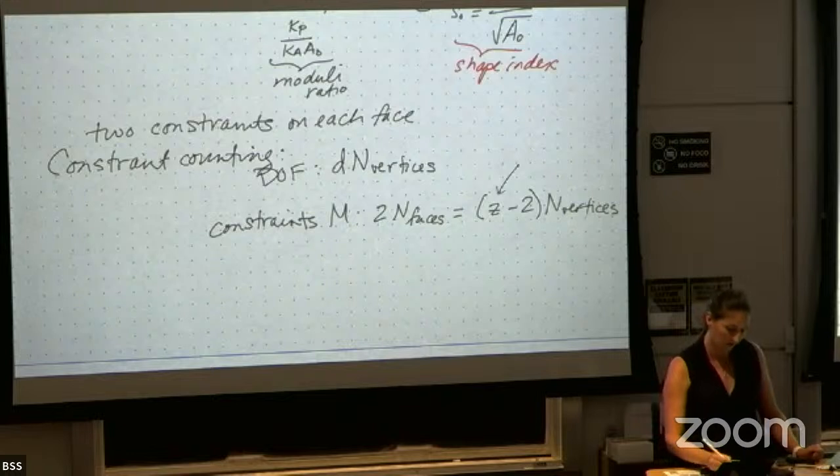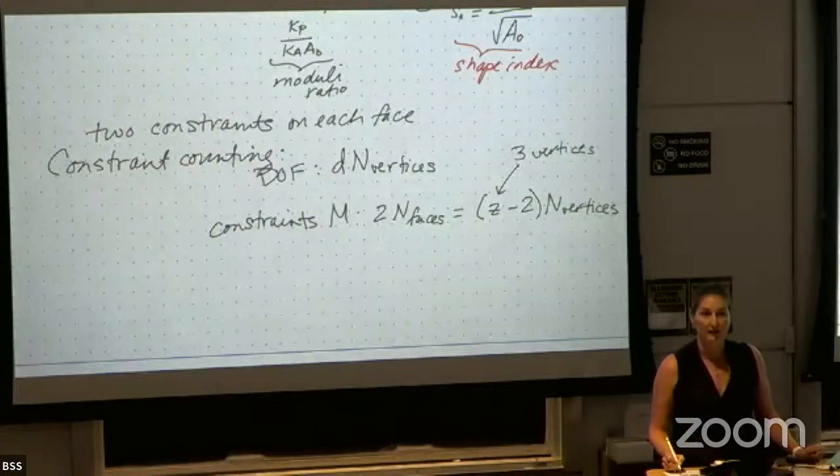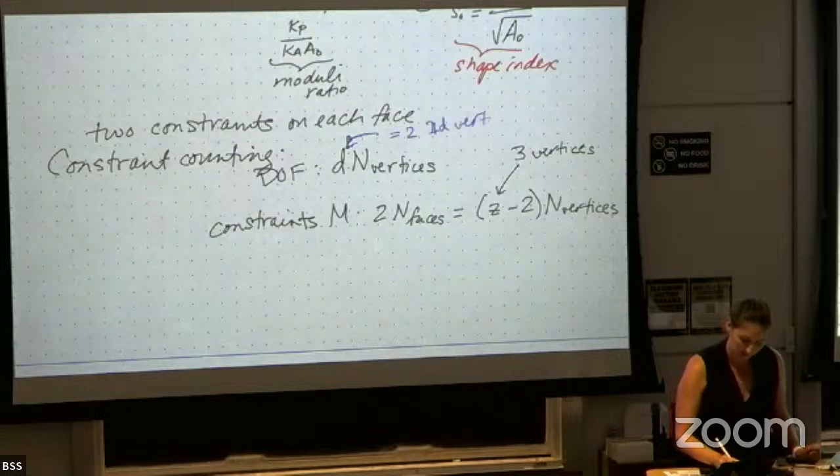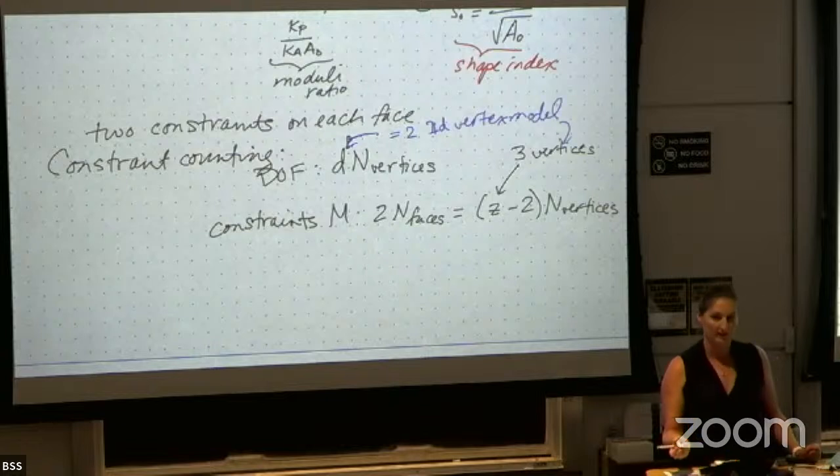And this equals 3 for a 2D vertex model unless there are strong anisotropies.